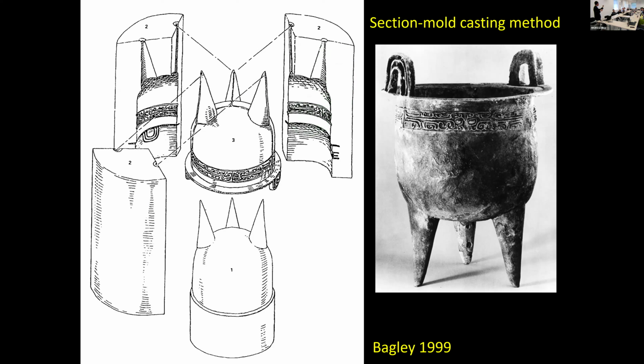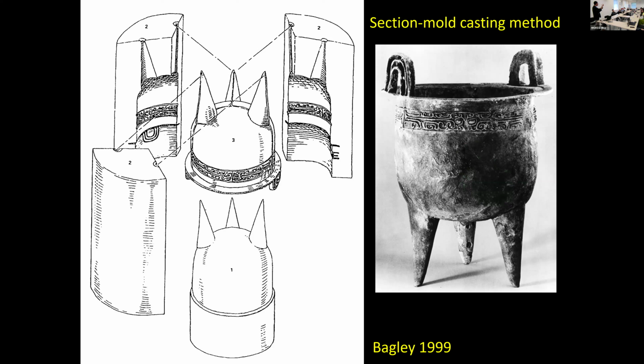So we call them mold sections, a section mold. We slice them and then we remove the model and put it aside. And then we reassemble these 3 mold sections, so what's inside is empty. You pour molten bronze into the empty space until it's solidified, and you obtain a bronze vessel like this.